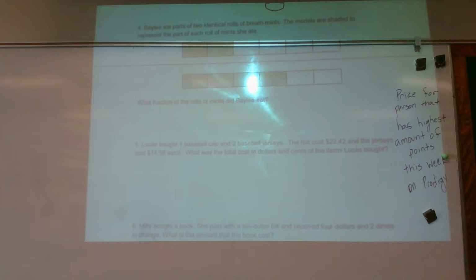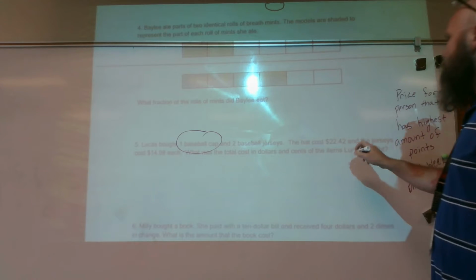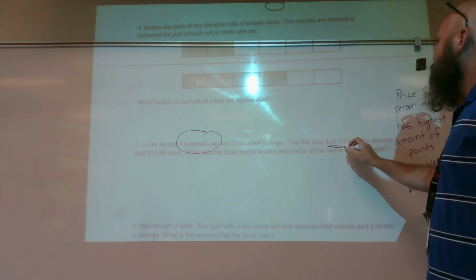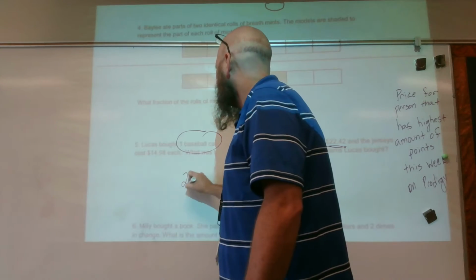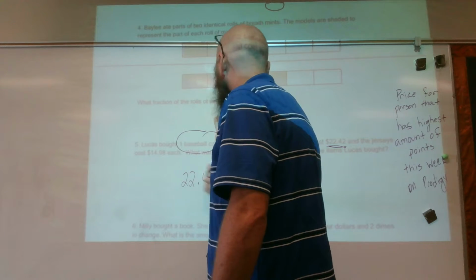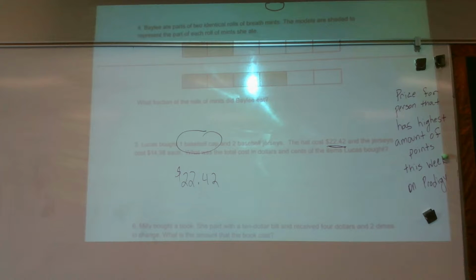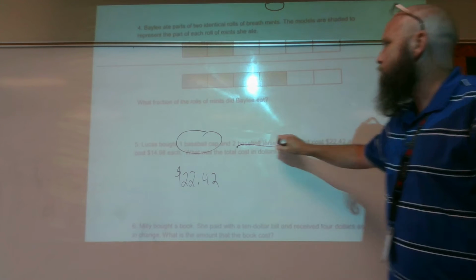Lucas bought 1 baseball cap and 2 baseball jerseys. The hat cost $22.42. So 1 baseball cap. So we know we're going to start with $22.42. And then he bought 2 jerseys.